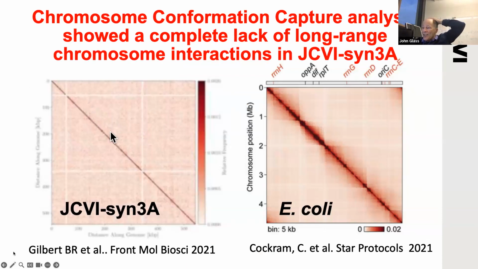Then you sequence those pieces and you find that in Syn3.0, there was essentially none of it.